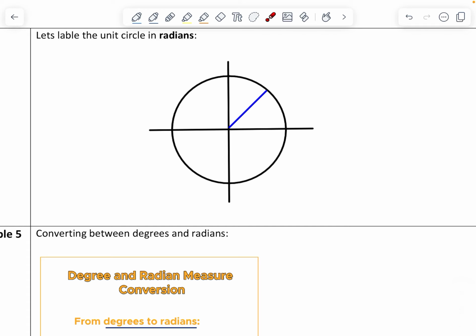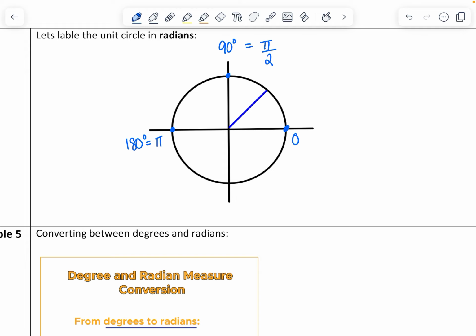The main points around the circle in radians that you should remember: starting here is 0 radians, and then 90 degrees is equal to pi over 2 radians, since 180 degrees is equal to pi radians. There are approximately 3.14 radians in half of a circle, and that's the same thing as 180 degrees.